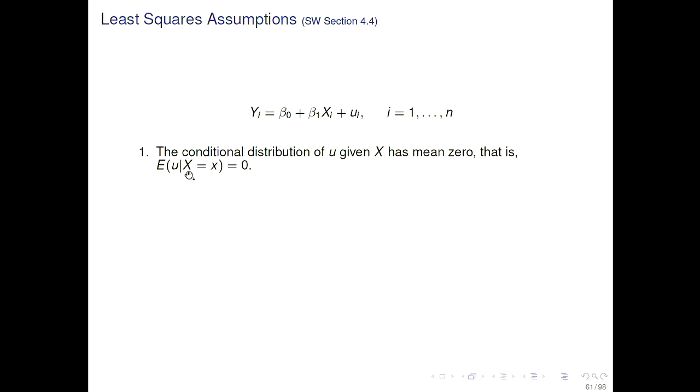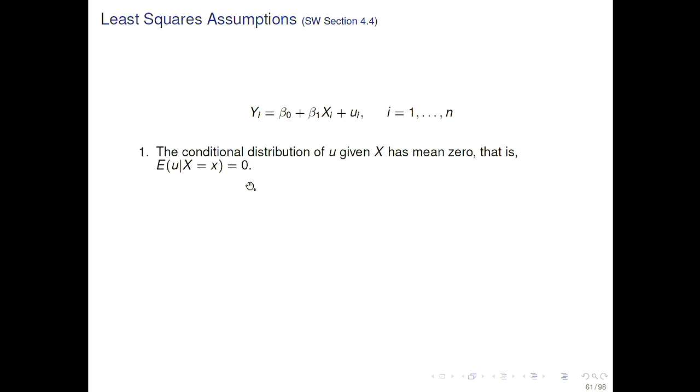The information contained in the regressor has no information about the error term. Knowing the student-teacher ratio for a certain district doesn't give any information about the omitted factors. That is conveyed by this assumption.